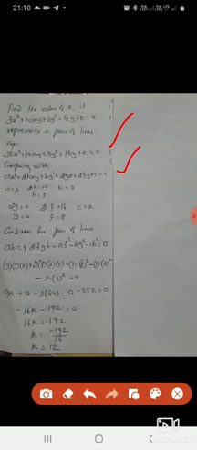Because this equation is 3x² + 10xy + 3y², and the x coefficient is 0, then 16y + k. Here the y coefficient is 2f = 16, that's why f = 8, and c = k.